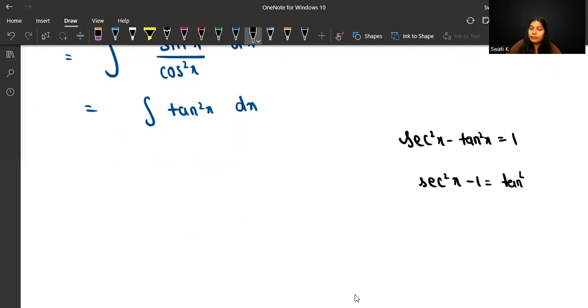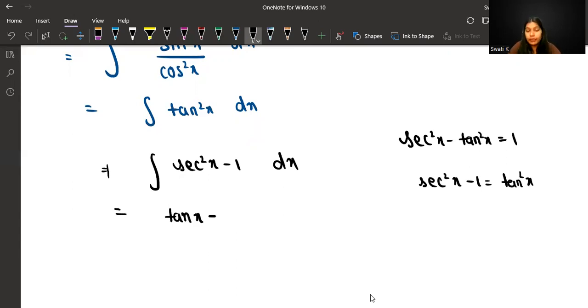So we can write this as integration of sec square x minus 1. Integration of sec square x is tan x, and then minus integration of 1, which is just x, plus c. So the answer is tan x minus x plus c.